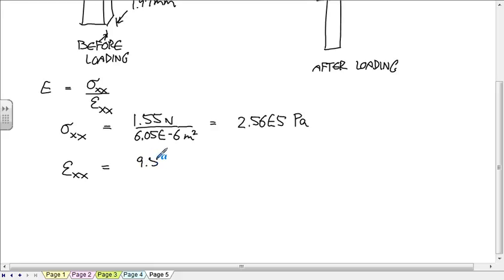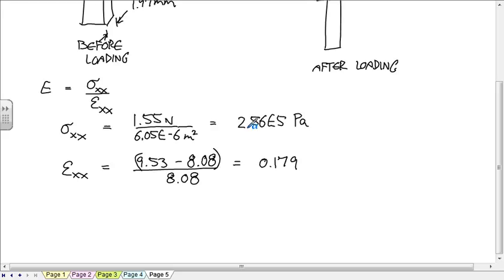So 9.53 minus, was it 8.08? Is that what it was before? Divided by 8.08. So what do you get for that? 0.179, no units.